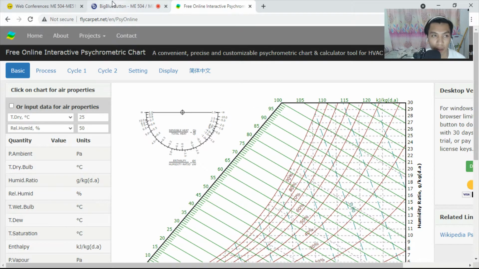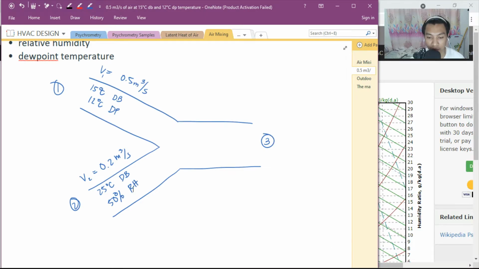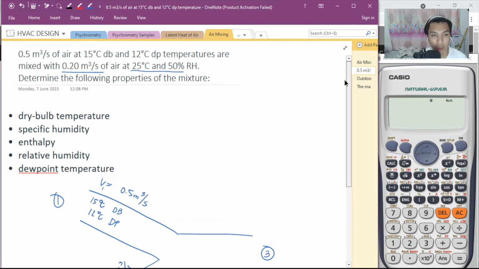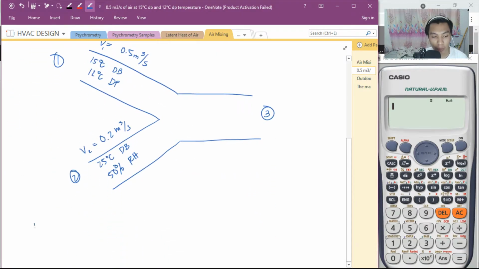Okay. Let us go back. Now, what will be the resulting properties of the mixture? So, hanapin na si dry bulb, specific humidity, enthalpy, relative humidity, and dew point. Okay. Now, by volume, pwede naman natin mahanap dito yung mass.